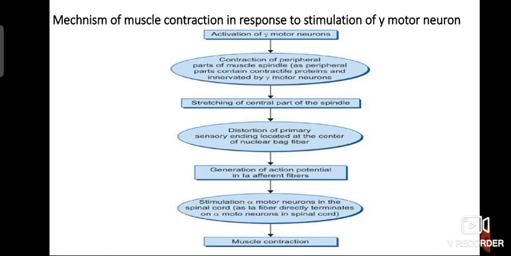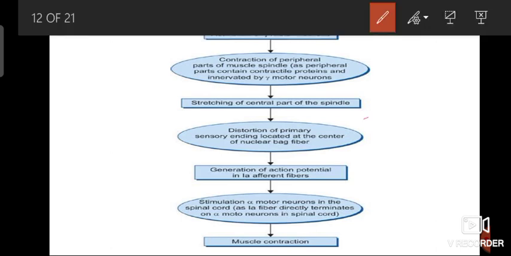Stretching of the central part of the muscle, distortion of the primary sensory ending, generation of action potential in 1A afferent fiber, and stimulation of alpha motor neuron in the spinal cord cause contraction.